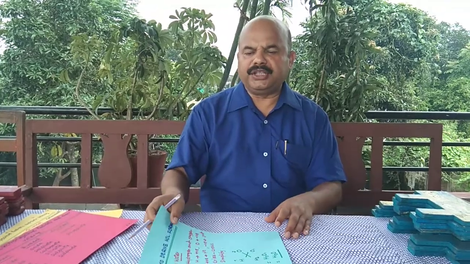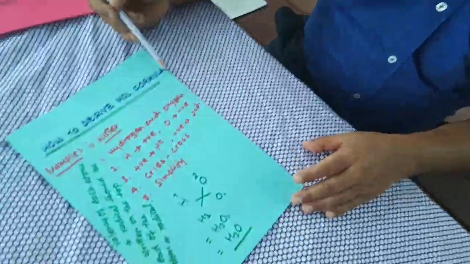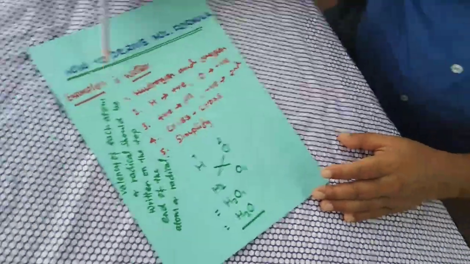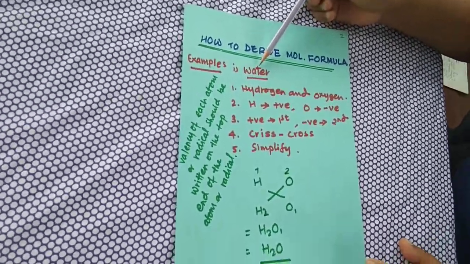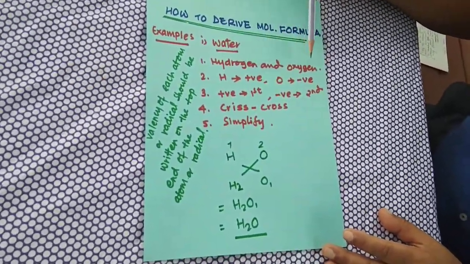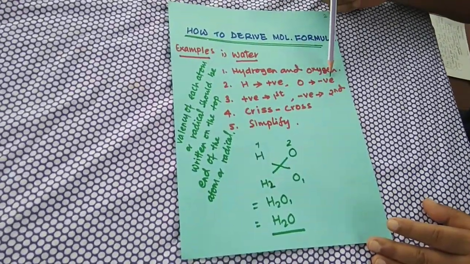So let me describe how we derive the molecular formula of a compound. This is the first case. For example, to derive the molecular formula of water, first you must know the elements present there: hydrogen and oxygen, H as positive, O as negative.